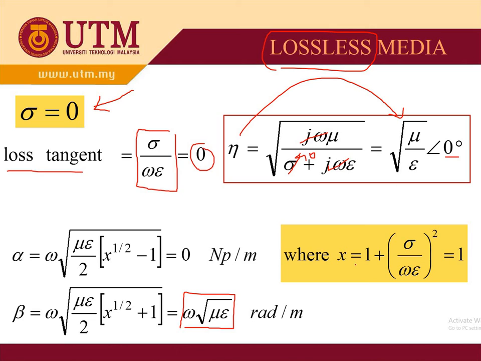Here is where you do the insertion, where x equals sigma over 2 epsilon. Insertion of sigma 0, then this equals 0, so you are left with only 1. This one here is 1, and this one here is 1. 1 plus 1 is 2, and 2 will be cancelled out with this. The same goes here, we cancel out with this.